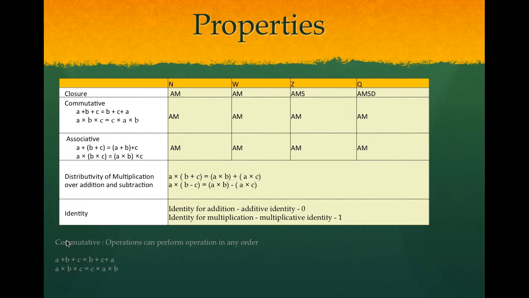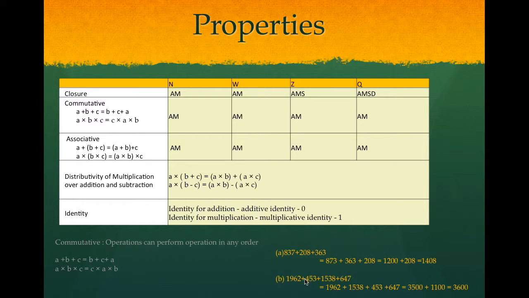Now let's see how this commutative property helps us. For example, if we take these two examples of addition, here three numbers are added. If you apply the commutative property here, instead of adding this and this first, we'll add this and this first. Why? Because adding these will result in a much simpler value, and then we can add this number to that so that we can get the answer quickly.